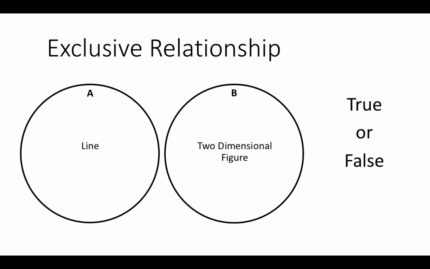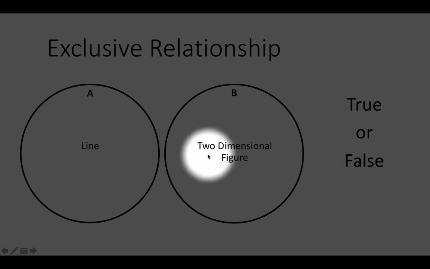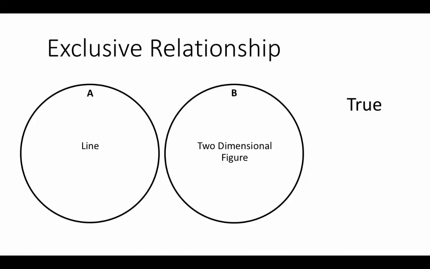How about line and two-dimensional figure? A line is a one-dimensional figure, and a geometric figure cannot have both one direction and two directions. So this is true. The relationship between a line and two-dimensional figures is exclusive.